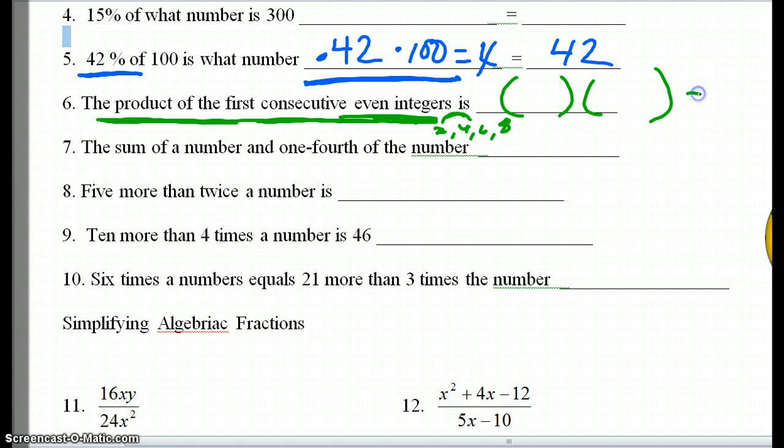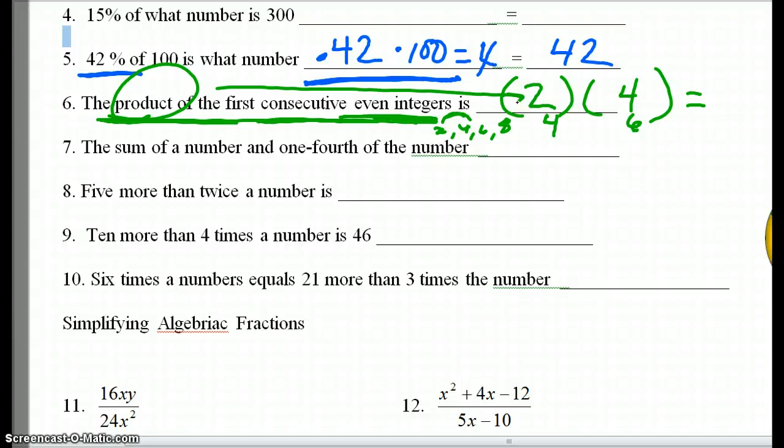Is means equals. So if I'm looking for consecutive numbers, I might have 2 times 4. I could have 4 times 6. So you kind of get the idea that if you translate the English into math, sometimes it's a lot easier to look at numbers than it is to look at your English.